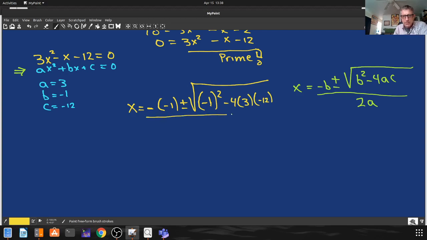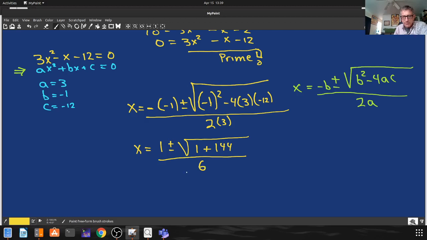All of this is going to be divided by 2 times a, which is 3. So that's going to give me, after simplification, minus minus 1 is 1, plus or minus the square root of 1 plus 144. That's what you get. Minus 4 times 3 is minus 12, and minus 12 times minus 12 is plus 144, over 6.